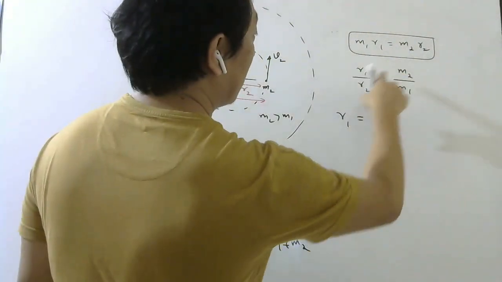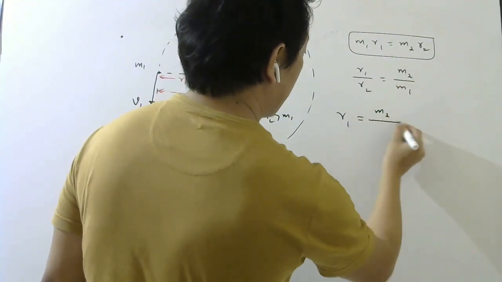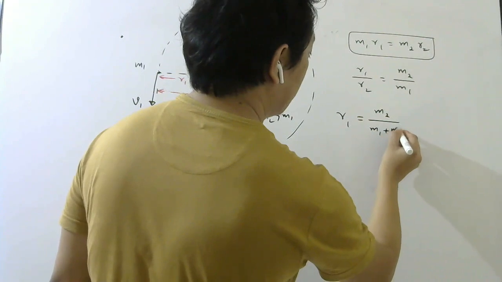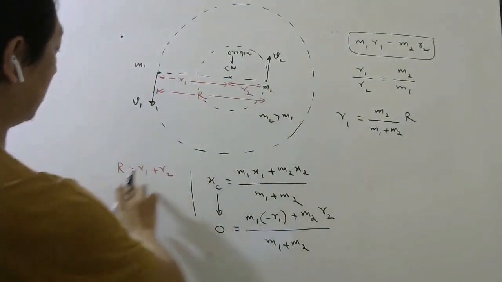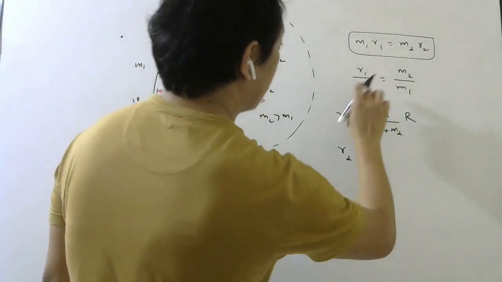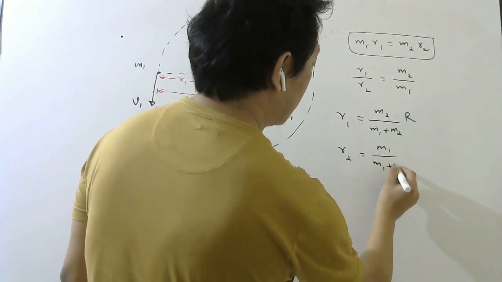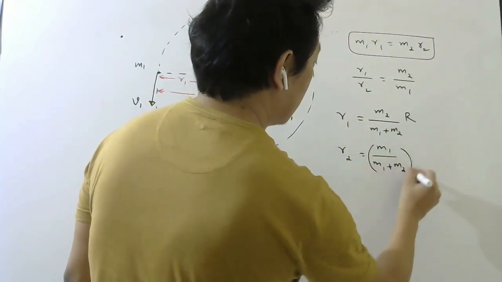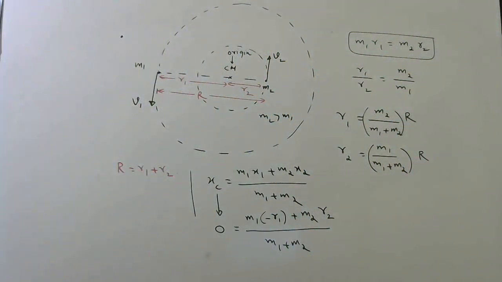So R1 will be m2 by (m1 plus m2) into total R, where total R means R1 plus R2, which is this capital R. Similarly, R2 will be m1 by (m1 plus m2) times capital R. Right? Yes or no? Okay.